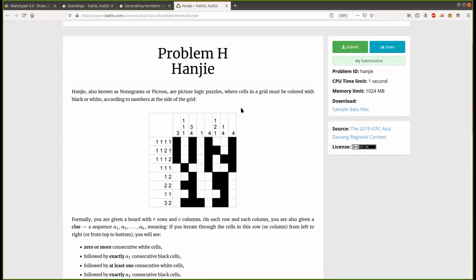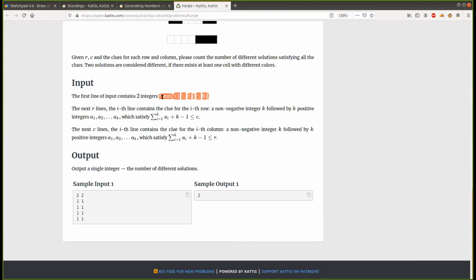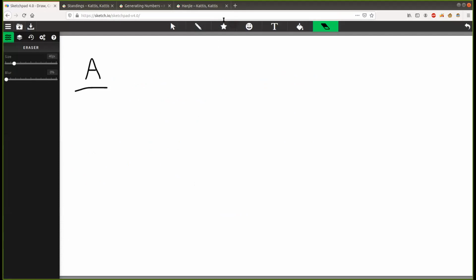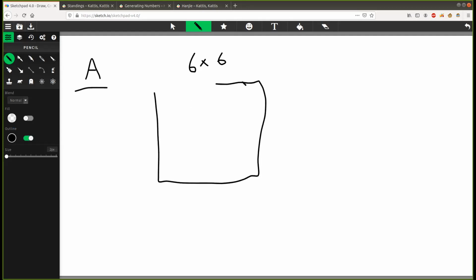Make sense? I noticed the constraints were really small for this problem, so it seemed very brute forcey, but I couldn't figure out a way to set it up. Yeah, the constraints are very small, so it immediately tells you that you should brute force. But because it's 6 by 6, let's think how many ways there are to just fill in the grid. There's 36 cells, and each one can be white or black. So there's 2 to the 36 ways.